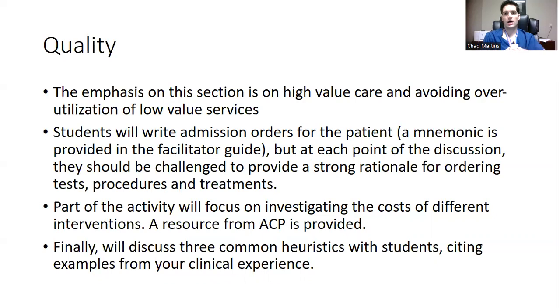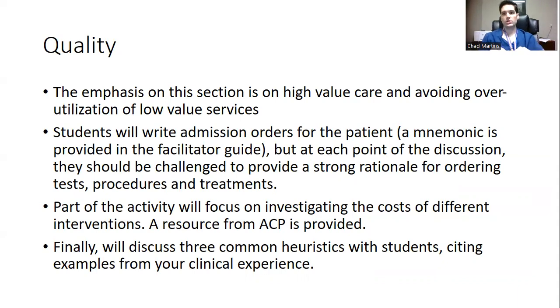So really challenging each student at every point to justify why they're ordering a particular test or treatment for the patient based on something like a guideline or some clinical discussion. So not just like over ordering everything just because they're available.